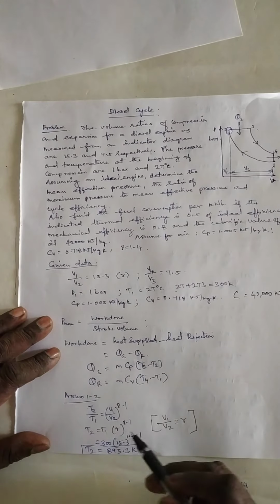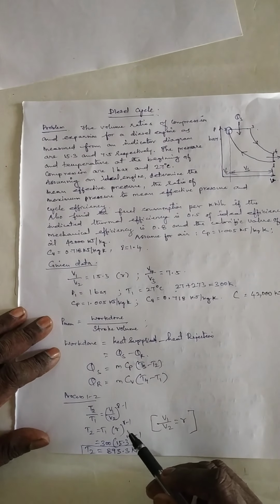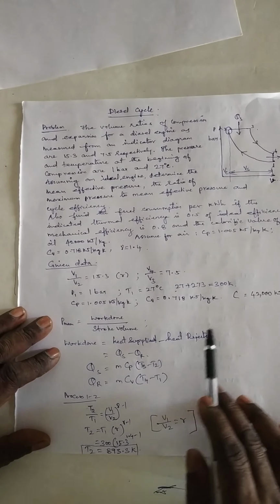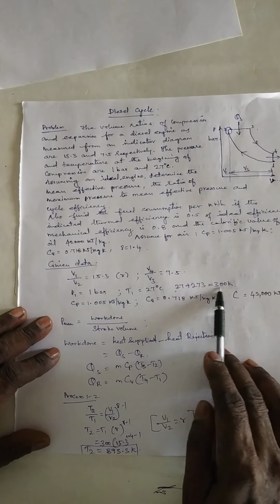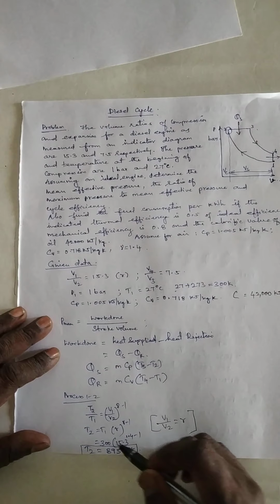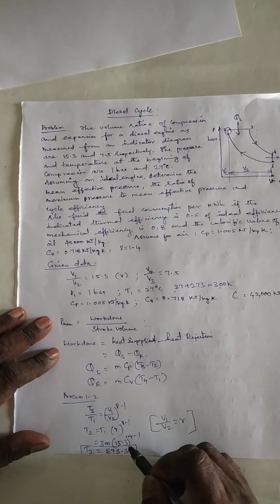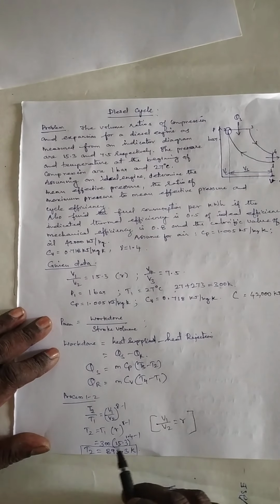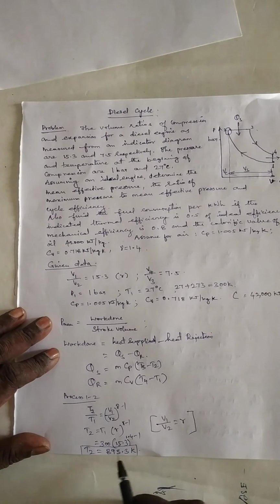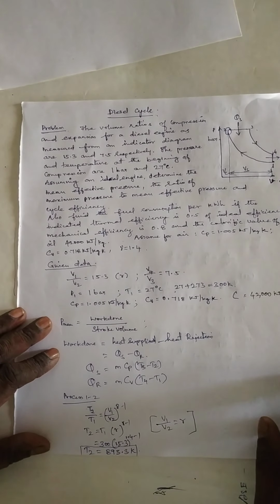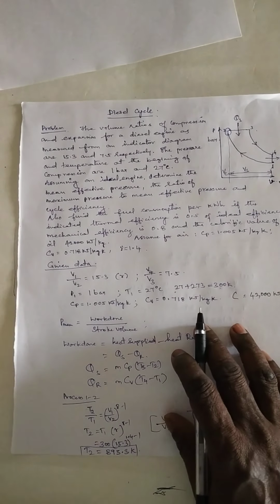Substituting the values, T1 is 300 Kelvin, R is 15.3, and the power is 1.4 minus 1. If you calculate this, we get T2 equal to 893.3 Kelvin.